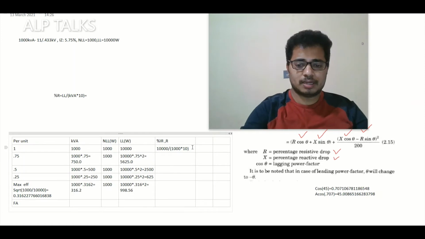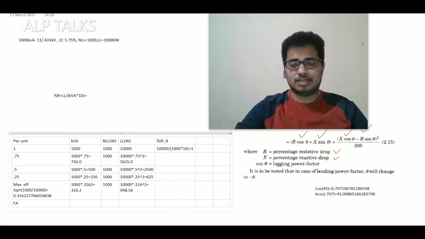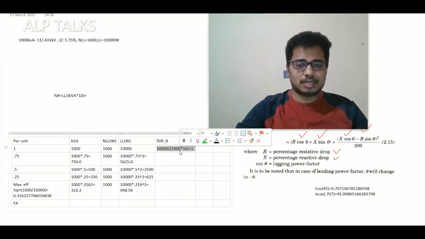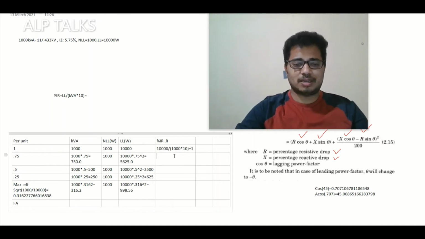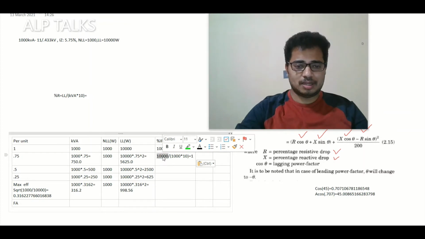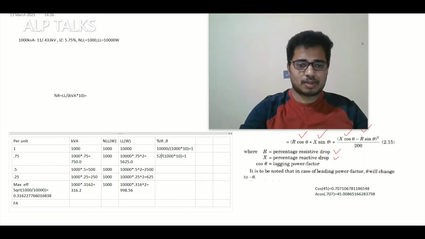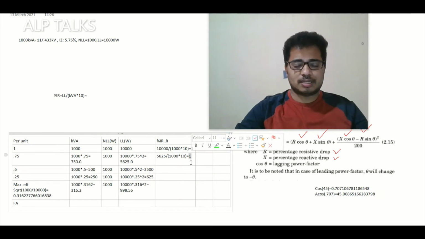Then what we get is the resistance percentage drop, which is 1 here. Then, one after another, we are going to calculate the resistance drop for each load.